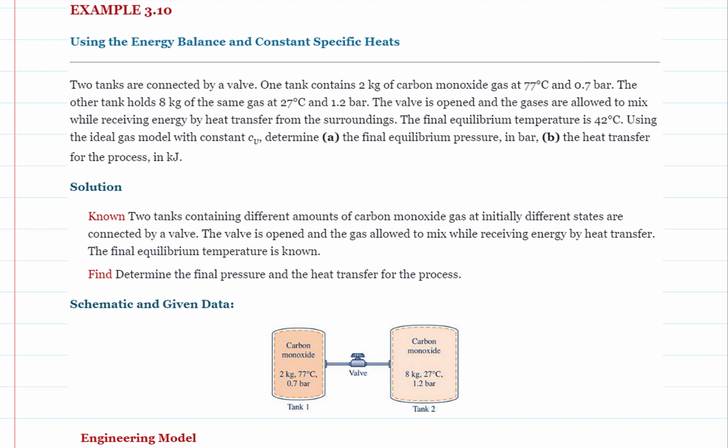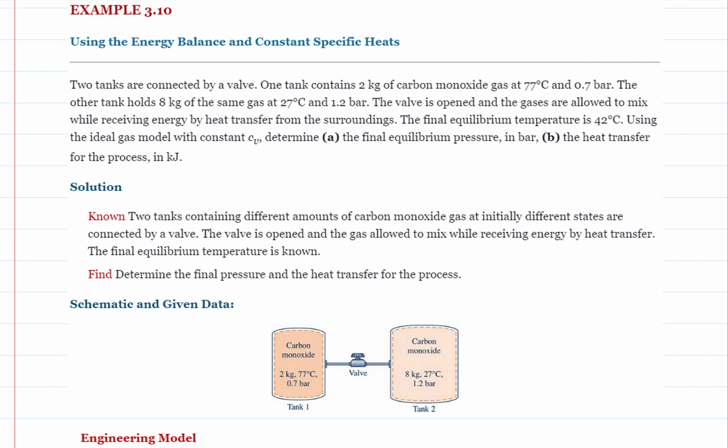Example 3.10. Two tanks are connected by a valve. One tank contains 2 kg of carbon monoxide gas at 77 degrees Celsius and 0.7 bar. The other tank holds 8 kg of the same gas at 27 degrees Celsius and 1.2 bar.